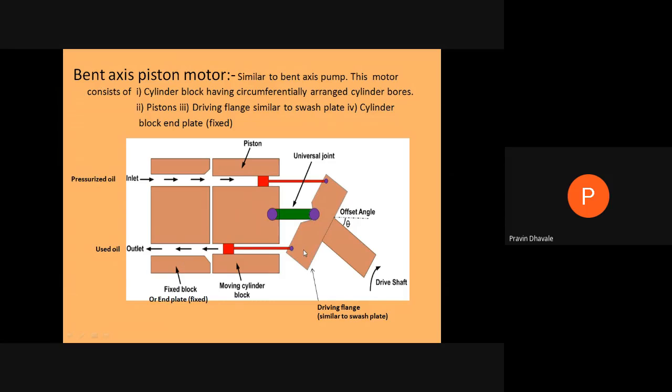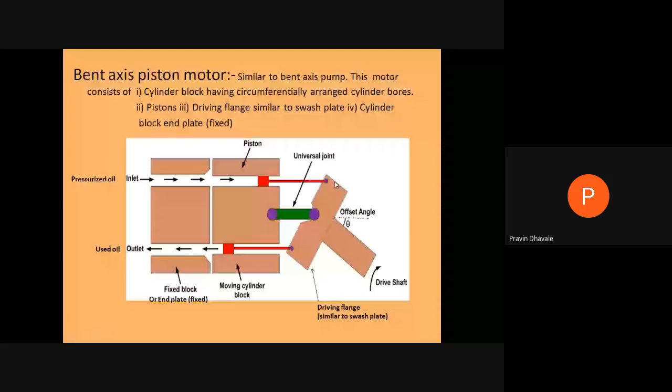When this portion of the flange is toward the moving cylinder, at that time outlet discharge will take place, because this piston is moving forward, or inside the cylinder. Whereas in the upper portion, what happens when the flange is at the outermost position from this moving cylinder?